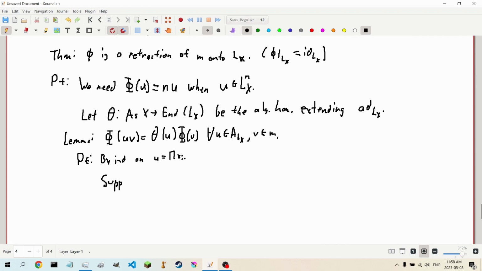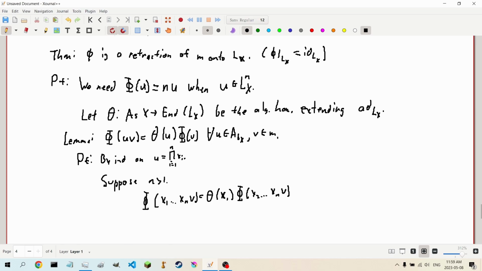Now suppose n is greater than 1. Then big phi of x1 through xn of v is just theta of x1 on big phi of x2 through xn of v.